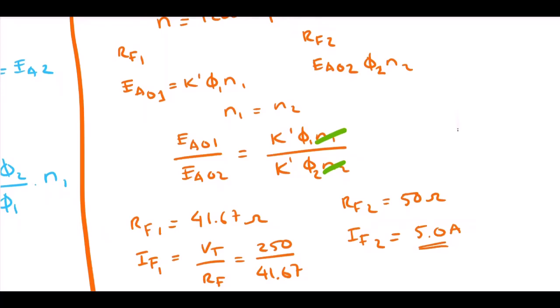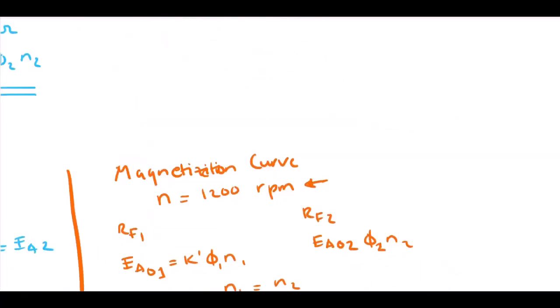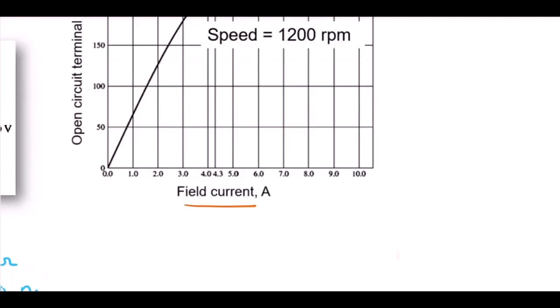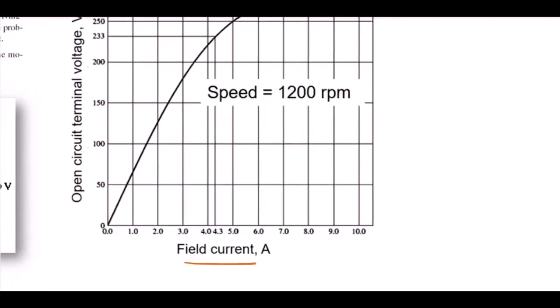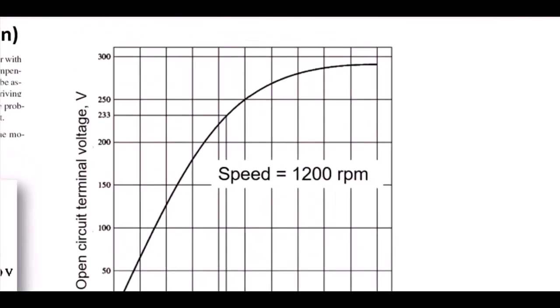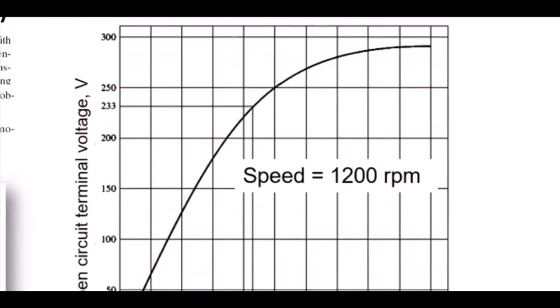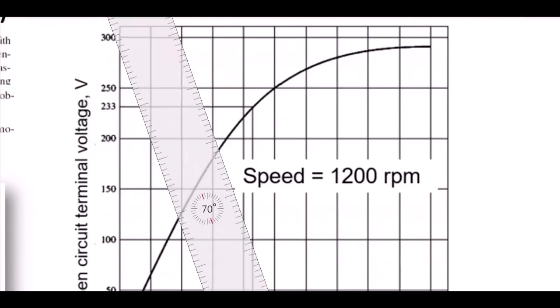Now we use what we call the magnetization curve. So If2 is 5.0, which is here. Okay. Then you can use the ruler.